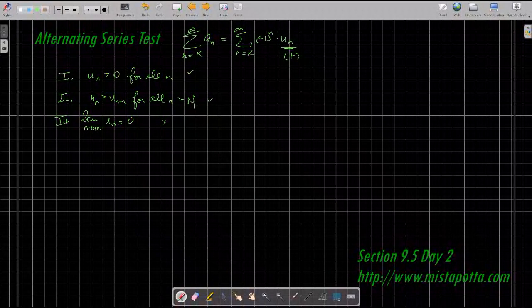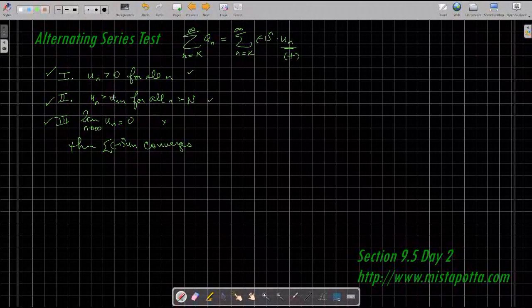So I want to talk about this. The thing is, if these 3 points all end up being satisfied, then our series of -1 to the n, u sub n, converges.